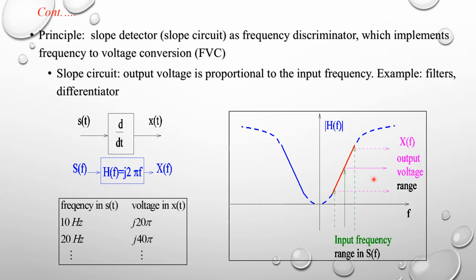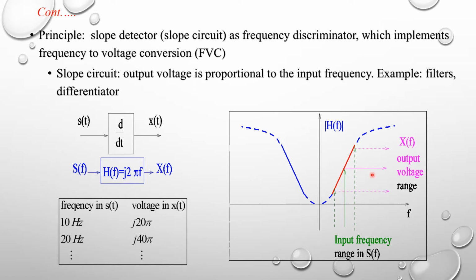Here the midpoint is 20 Hz, and this is 10 Hz and this is 30 Hz. At 10 Hz this is the frequency variation and this is the respective amplitude, and at 20 Hz and 30 Hz these are the respective amplitudes, and this is the X of f.